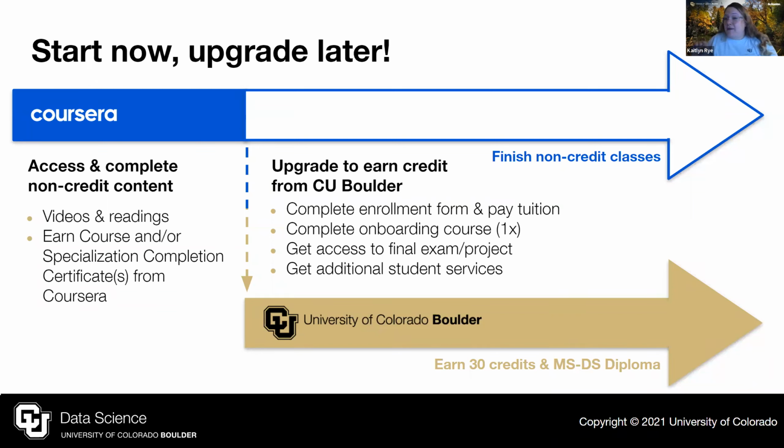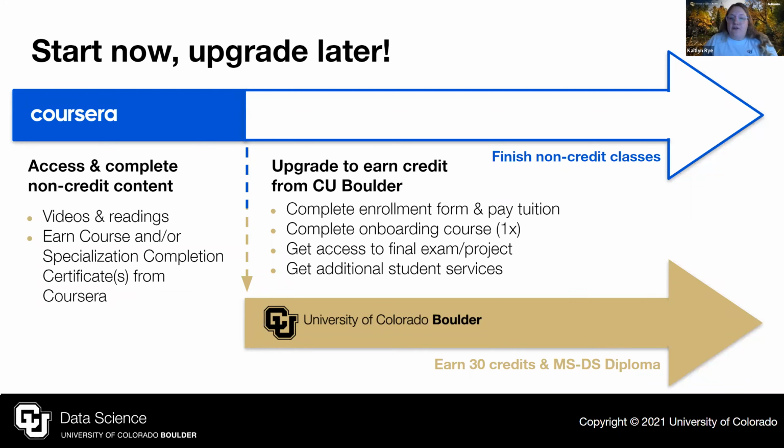Keep in mind that new students are required to complete a few onboarding steps to get access to all the resources available to them as a CU Boulder student. These normally consist of taking an onboarding course, setting up your email account and student account, and doing all of those steps before gaining access to your 4-credit class.